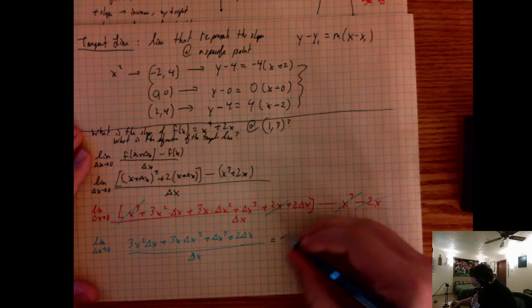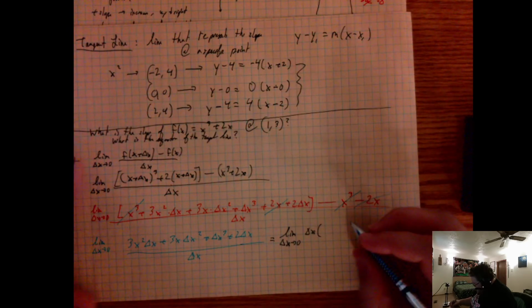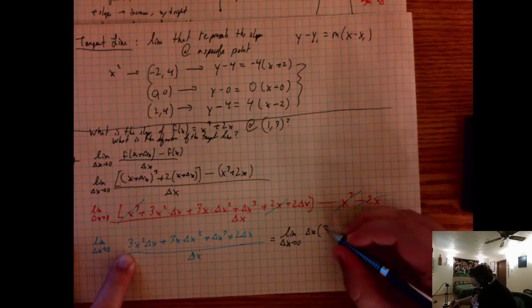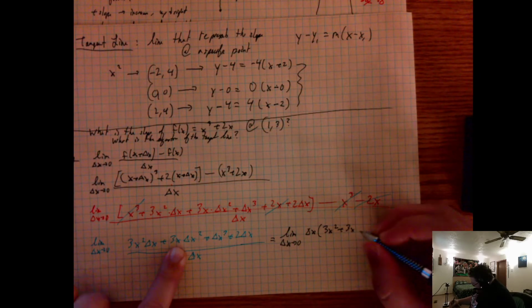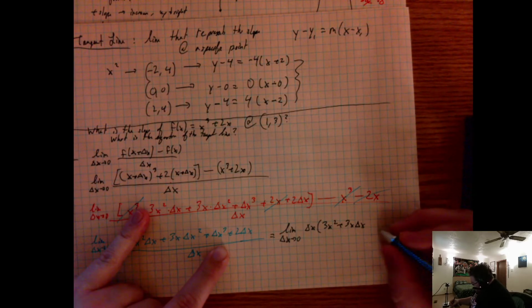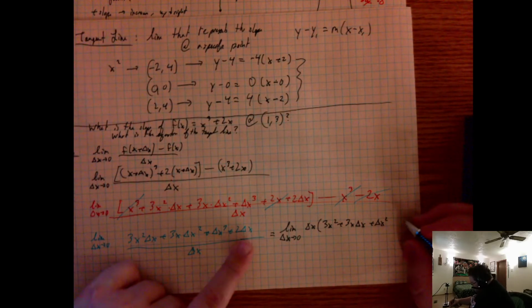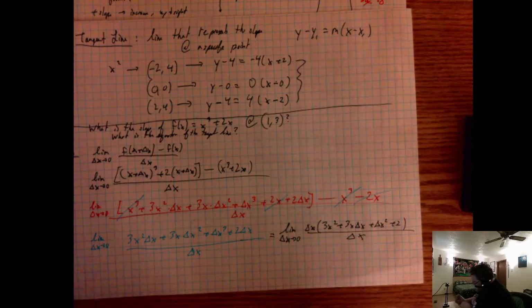This is going to become the limit as delta x approaches 0 of delta x times, okay, if I take a delta x out of this term, I'm left with just 3x squared. If I take a delta x out of this one, I'd have 3x. I take one of the delta x's out, leaving one of them behind. Take a delta x out of this one, I'd leave 2 delta x's behind. Take a delta x out of this one, I'm left with just 2, all over delta x.